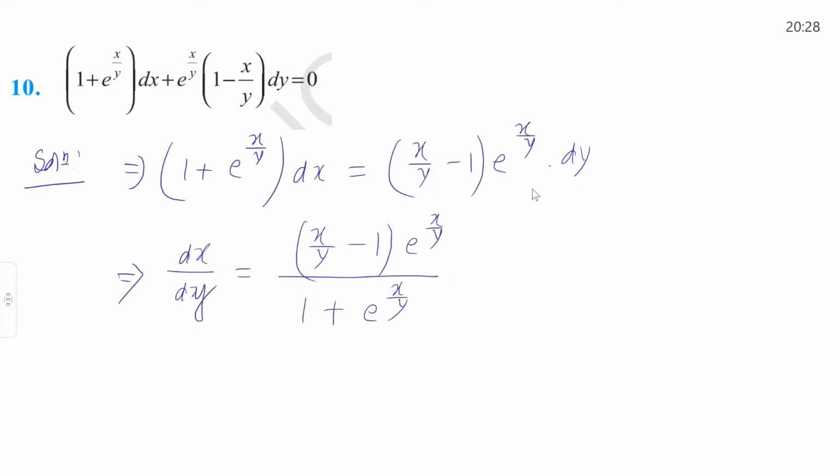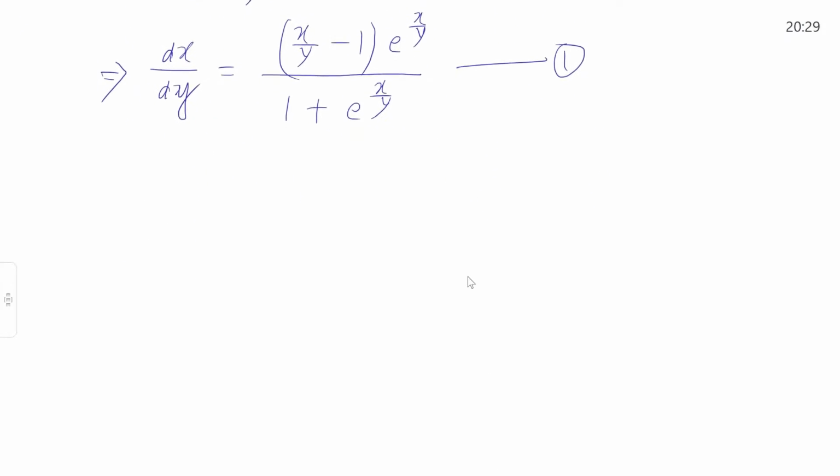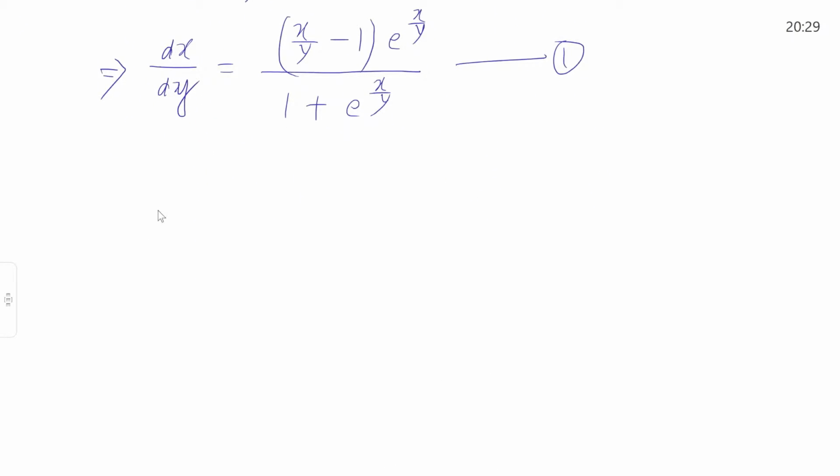So this is a homogeneous differential equation, because here power 0, here power 0, everywhere power 0, so it is a homogeneous differential equation. This time what substitution to take? I take x equal to vy. So let x is equal to vy, so I have taken the substitution v equal to x by y.